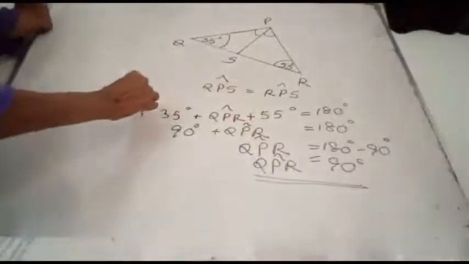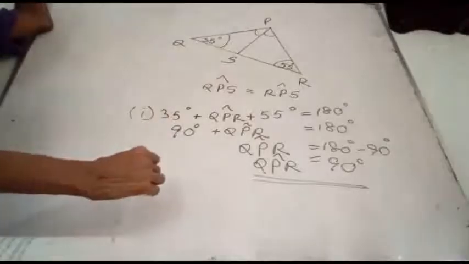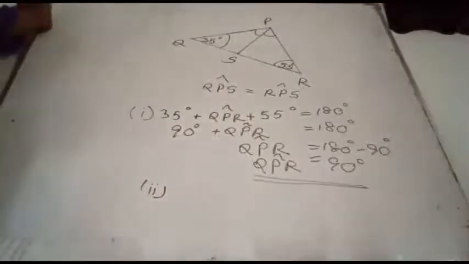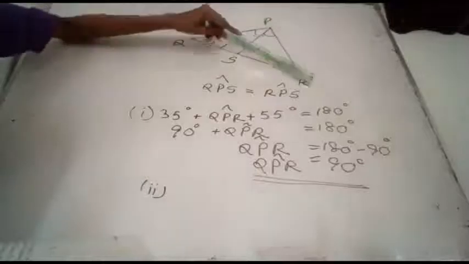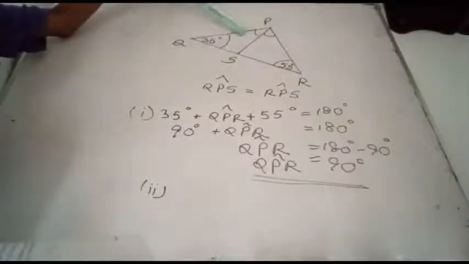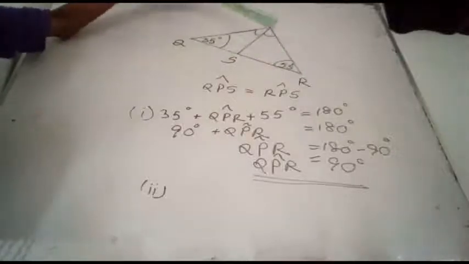That was part 1. Part 2: find the magnitude of angle PSR. QPR is 90 degrees. These two angles, QPS and angle SPR, are equal.